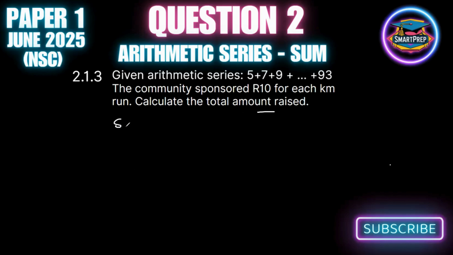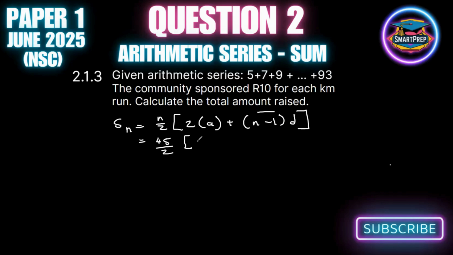So we know our Sn is equal to n over 2 times 2a plus n minus 1 times our difference, right? That's our sum formula, which you get in your formula sheet at the back. And so we sub in our values, 45, because from 2.1.2 we got 45 for our week, which would correspond to 93 kilometers.